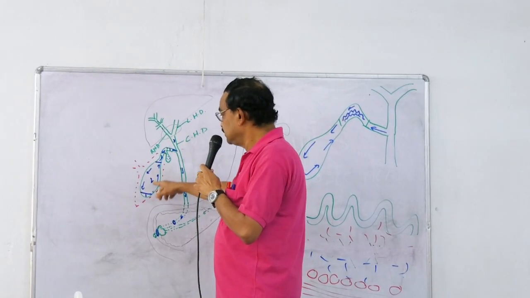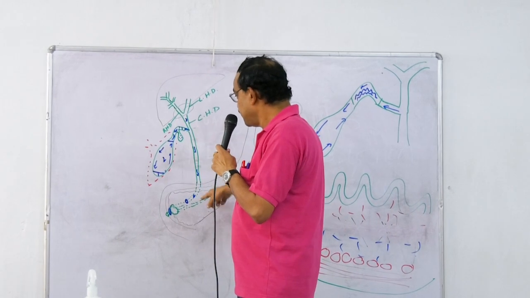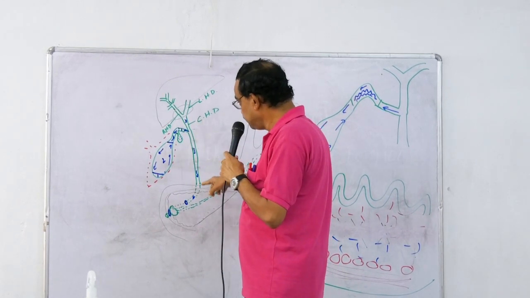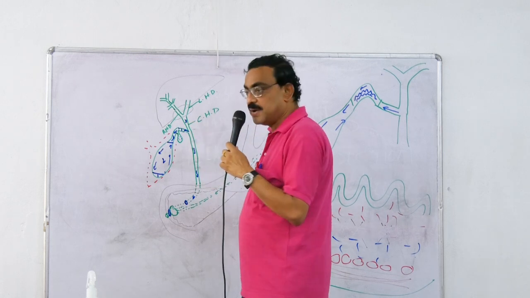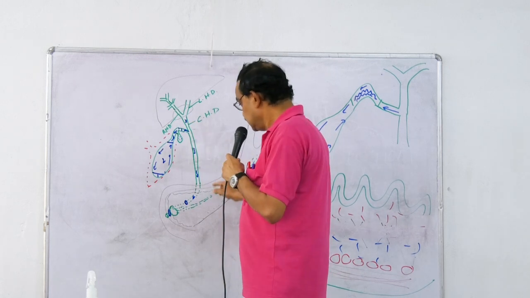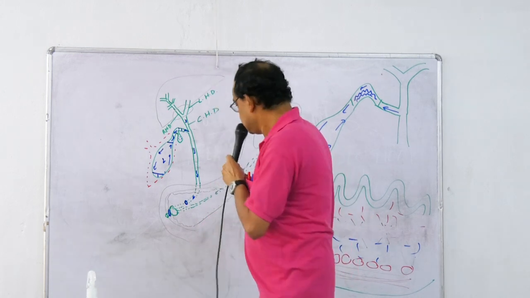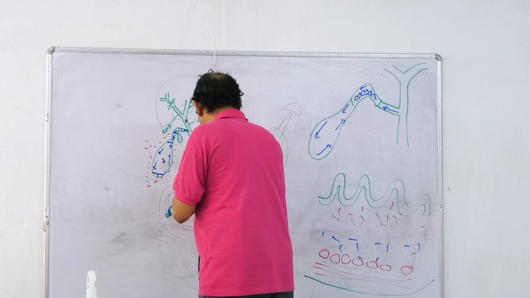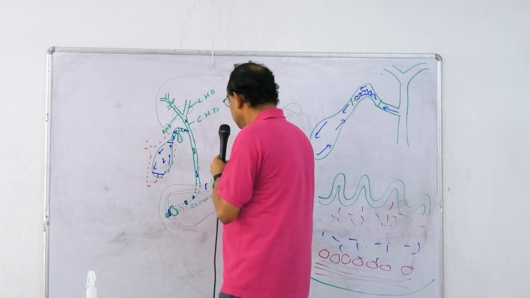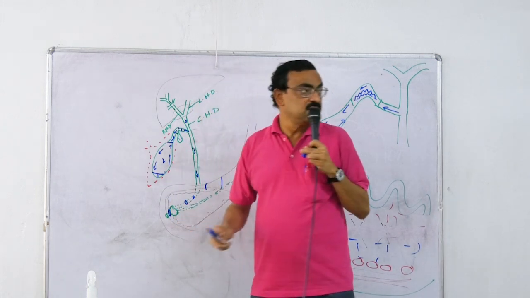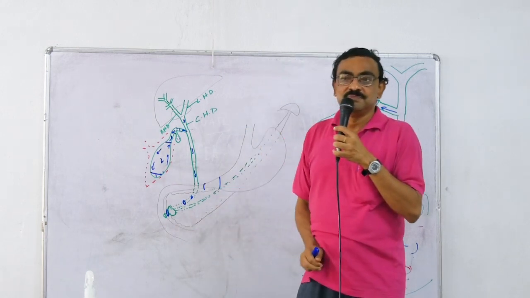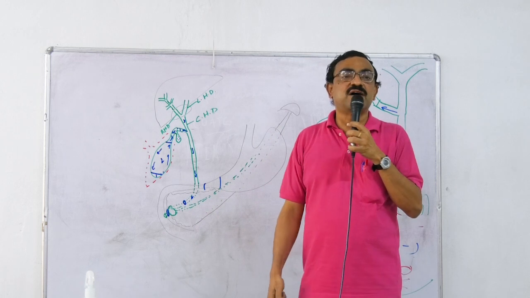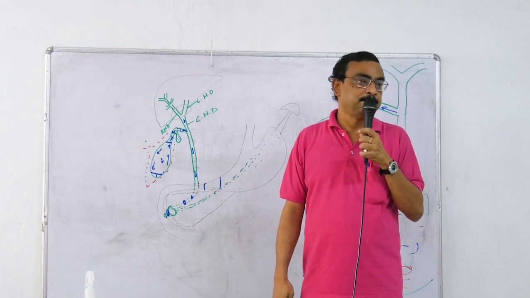Now, bile will come out and it will pass through the common bile duct. Suppose this is the end of the pylorus and beginning of the first part of the duodenum. So the bile duct will pass behind the first part of the duodenum.